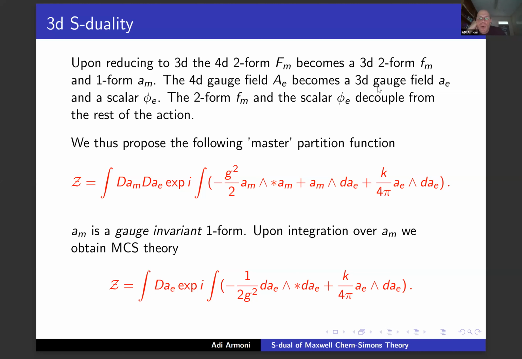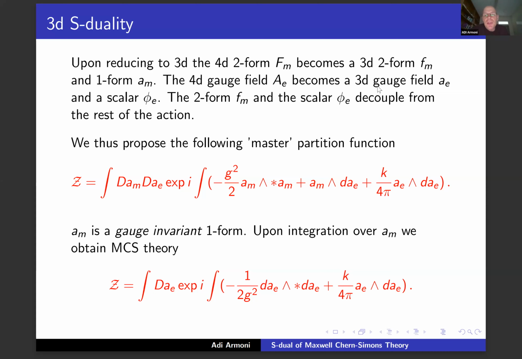And then we have an interaction term between AM and AE, so we have AM wedge dAE. And finally, let me add the Chern-Simons term for AE. So that's my starting point. Now, I could have started my talk with this partition function without motivating it, and said, okay, let's see what happens if we integrate over either AE or AM.